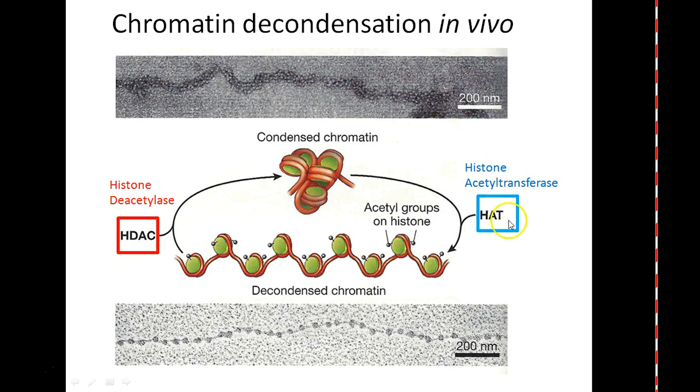I told you that there are histone acetyltransferases, HATs, which specifically put acetyl groups on N-terminal tails of histones. This process allows for opening of chromatin, and this can allow for gene transcription. Another group of enzymes, histone deacetylases, HDACs, can reverse this process and convert open chromatin back to the condensed state by removing those groups.